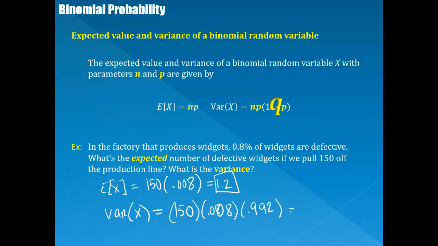Was that what it was? So 150 times 0.008 times 0.992 is 1.1904, right? Which is the spread of it. It's a measure of spread, which is related to standard deviation, which you talked about last time.